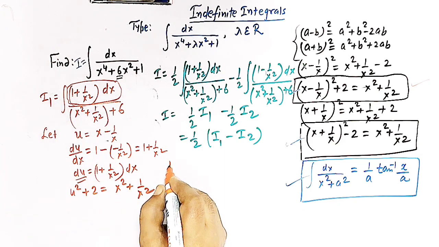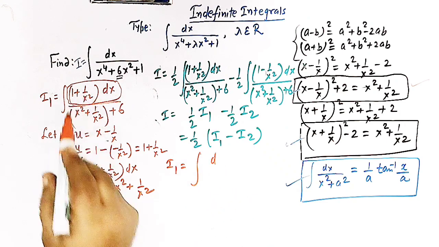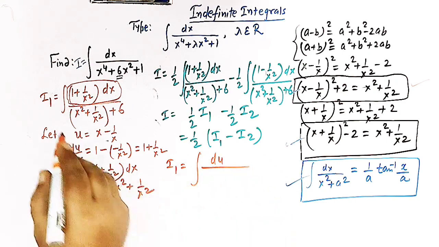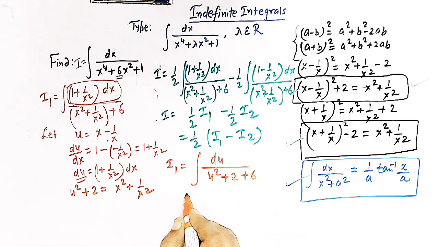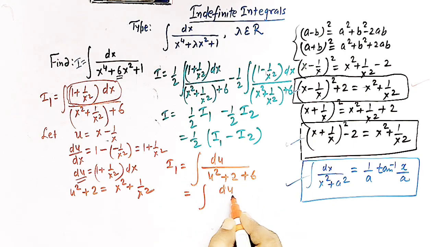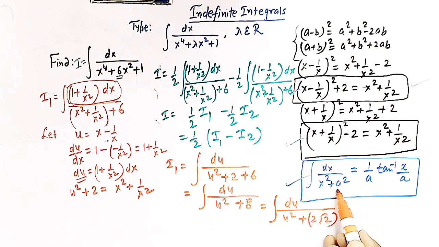So now our integral I1 takes the form: here we have du, and in the denominator we can write u² + 2 + 6, that is equal to the integral of du over u² + 8. So we can now write du over u² + (2√2)², right? So now this integral I1 takes this form, that is the integral of dx over x² + a².